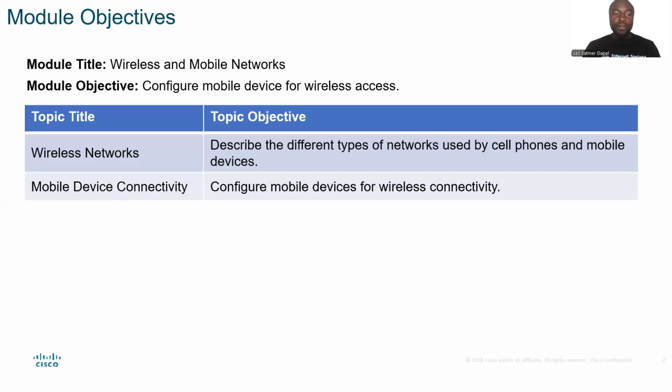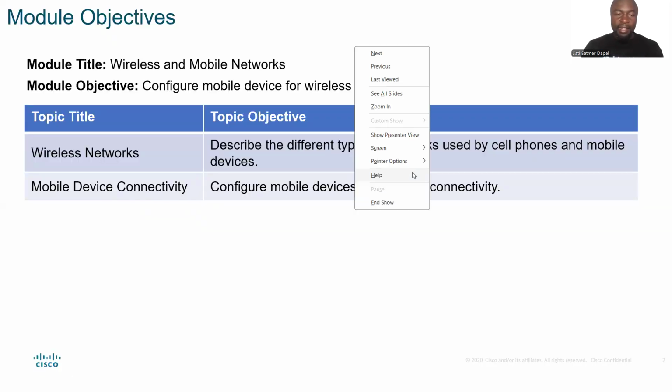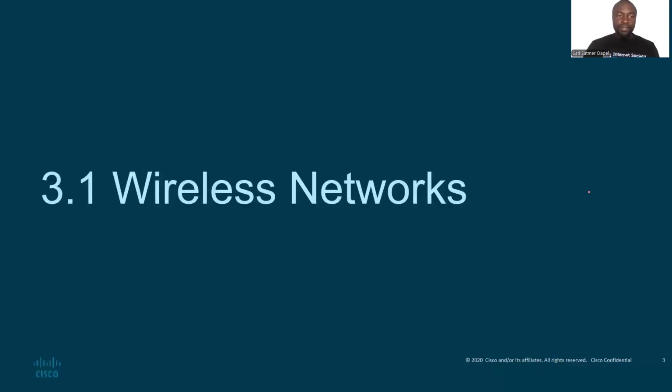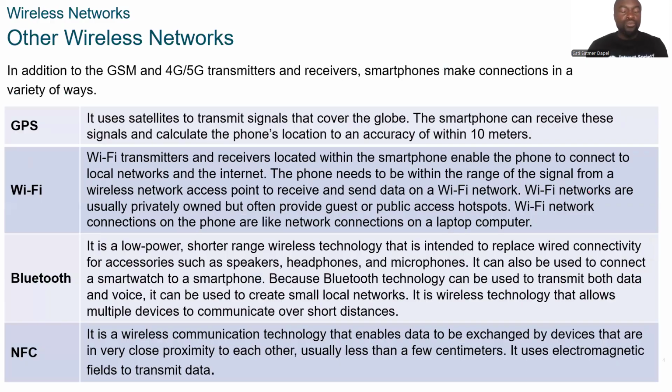So today we'll be focusing on wireless network and device connectivity. All right, so when we say wireless network, remember in our previous class, we talked about the elements or the components that form a network.